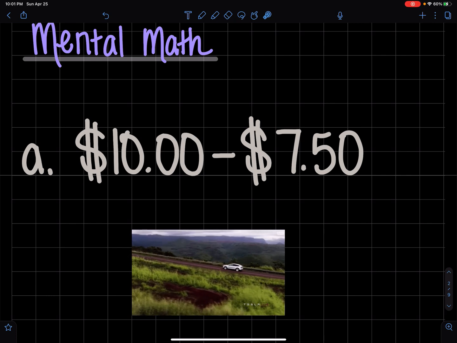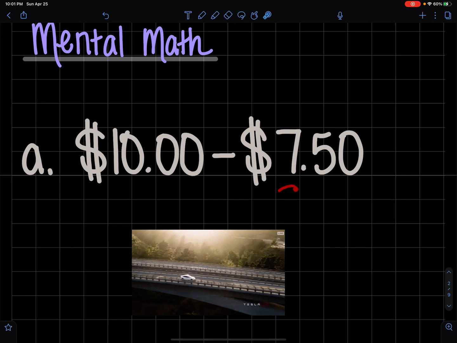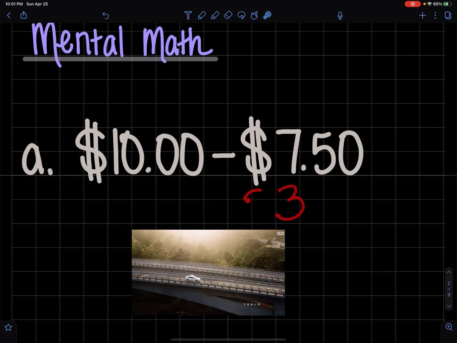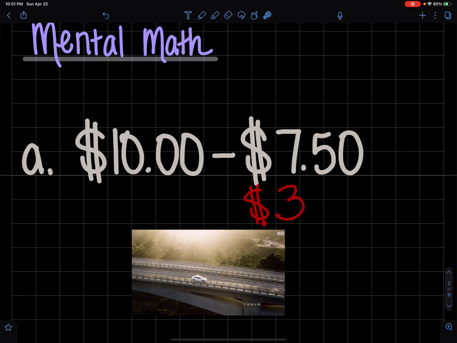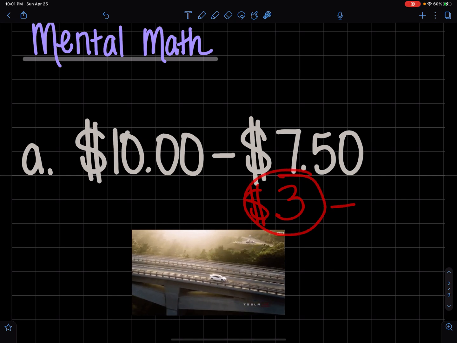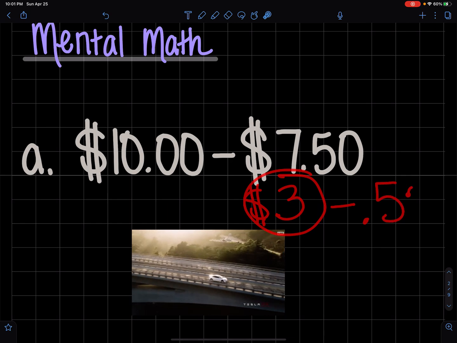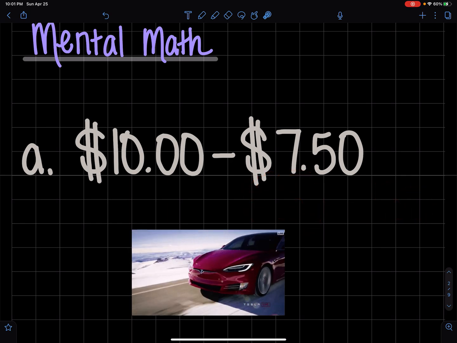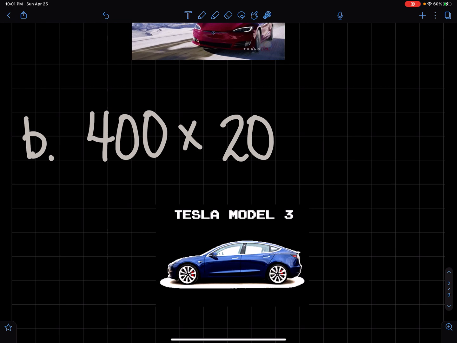So if you do $10 minus $7, you'll get a number. And then if you have this number, take away an extra 50 cents. Okay, that's one way to do it, but you might have your own way.